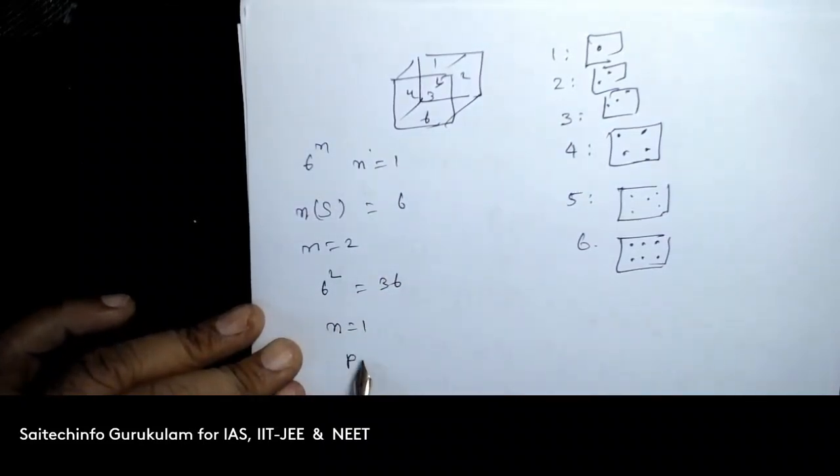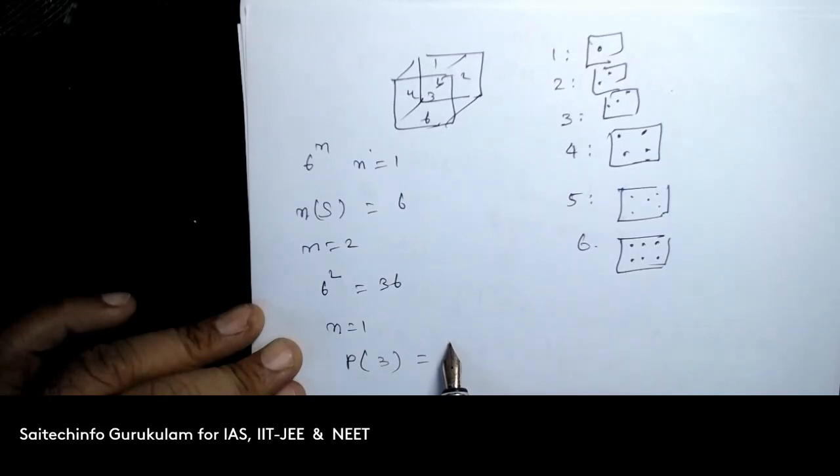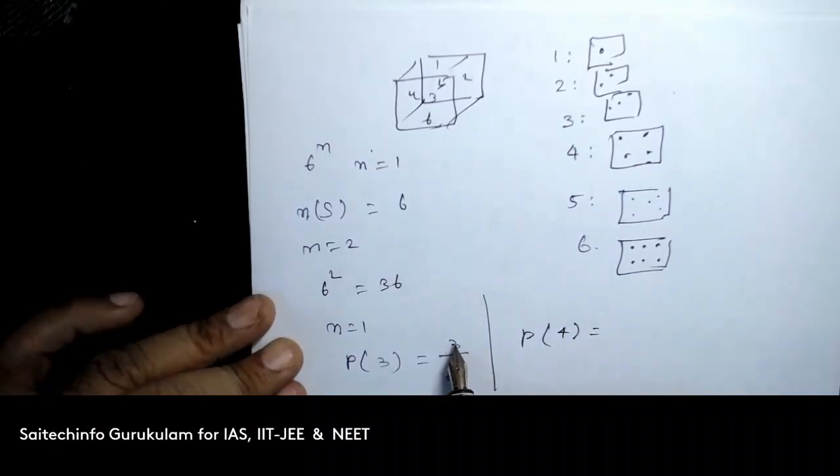In this case, probability of getting 3, how much? You have got only 1 three. So 1 divided by 6. And what is the probability of getting 4? Probability of getting 3 means 1 by 6. That is 1 time. Probability of getting 4 means 1 by 6.